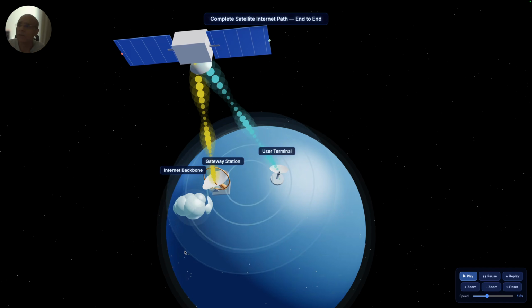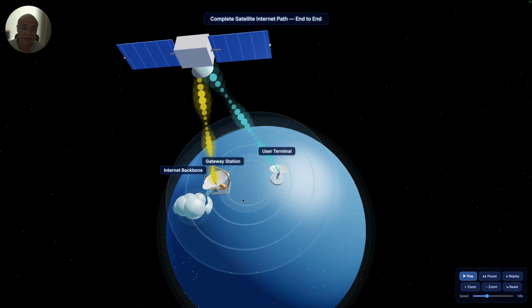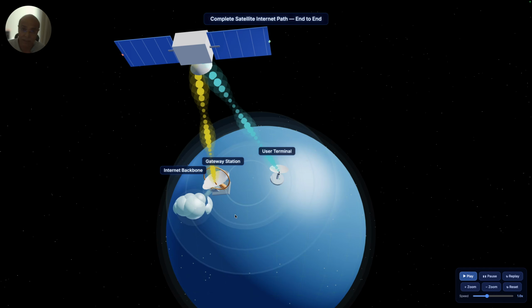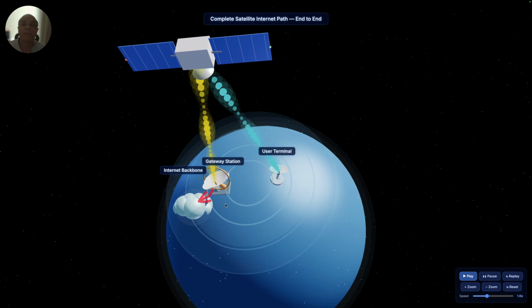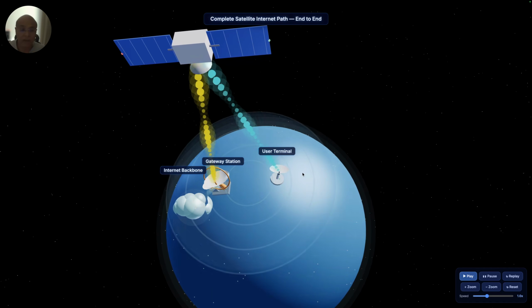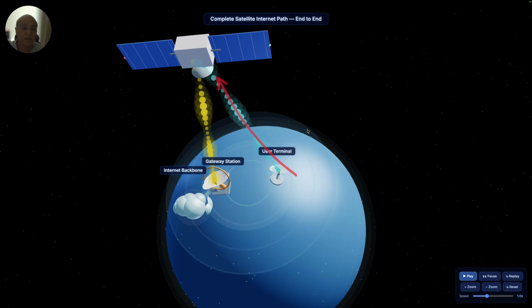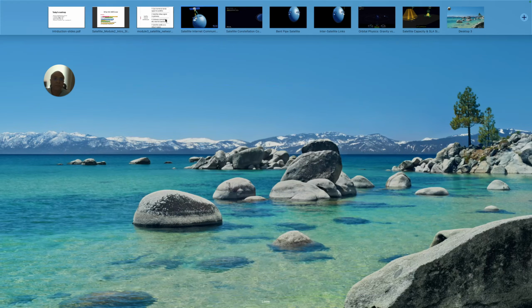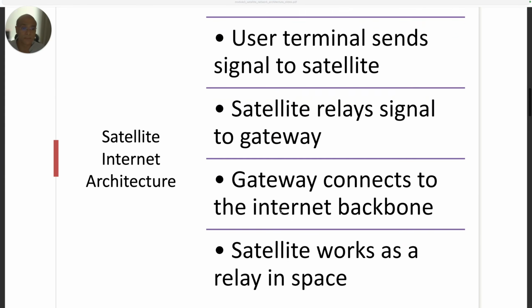Here, you can have only 2-3 gateways per country, and therefore the satellite relying on the gateway is pretty important. Without the gateway, the satellite will not be able to talk to the internet. For the internet, it has to have a gateway, and the user terminals are all talking to the satellite, and this becomes an aggregation point. So this is point number 1, which I wanted to discuss with you.